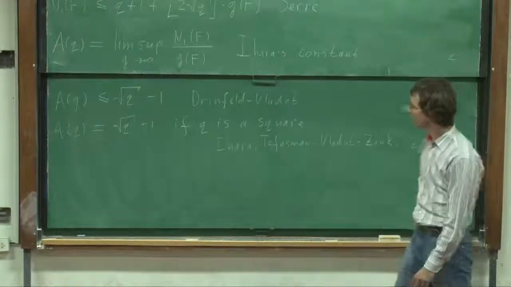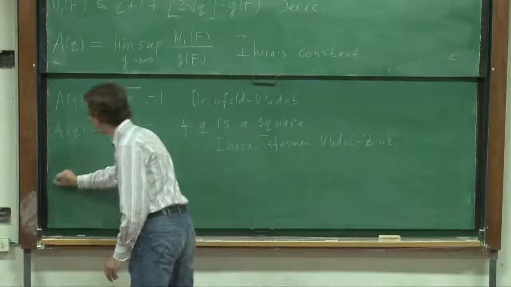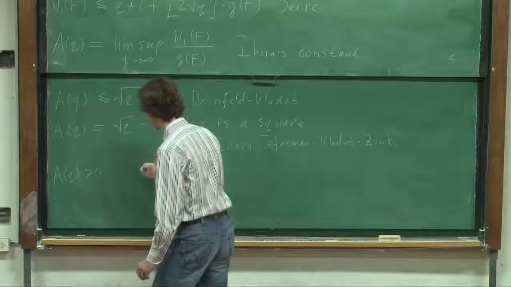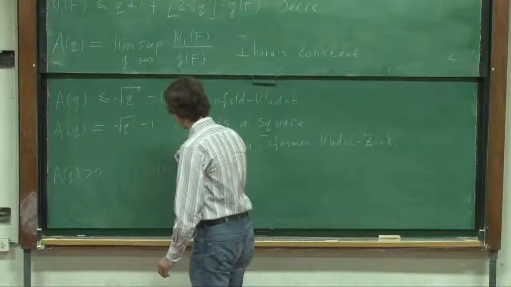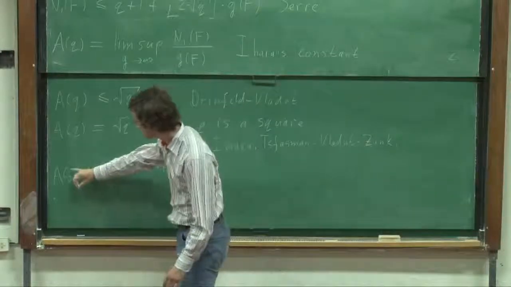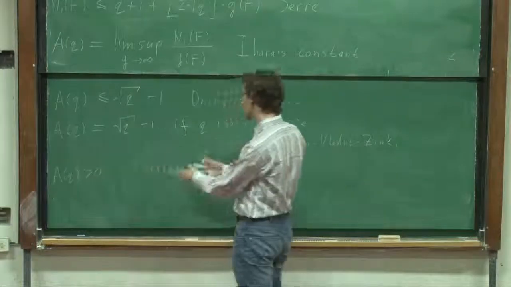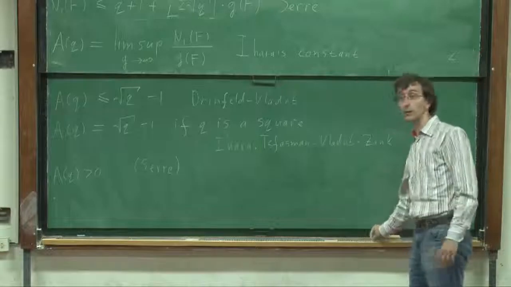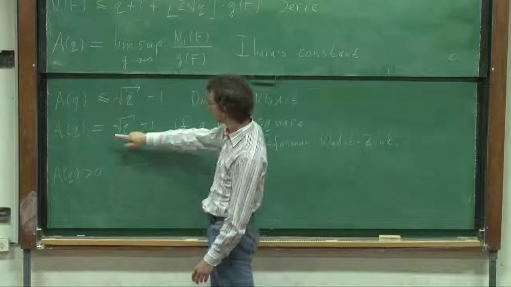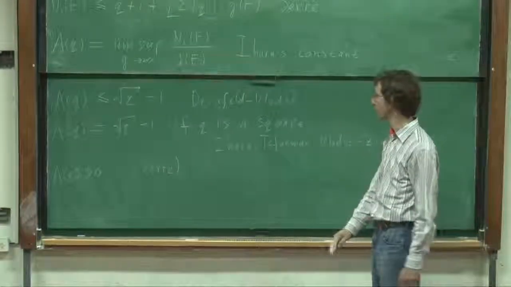But in general, not much more is known. There are a few other results. It is known, for example, that this is positive. But otherwise it gets sketchy. For very specific q there are some values. If q is a cube, there is a lower bound, but we don't know what the answer is. So I don't even want to guess what it might be. Here we don't have equality, and if q is not a square, it's still a very open problem.